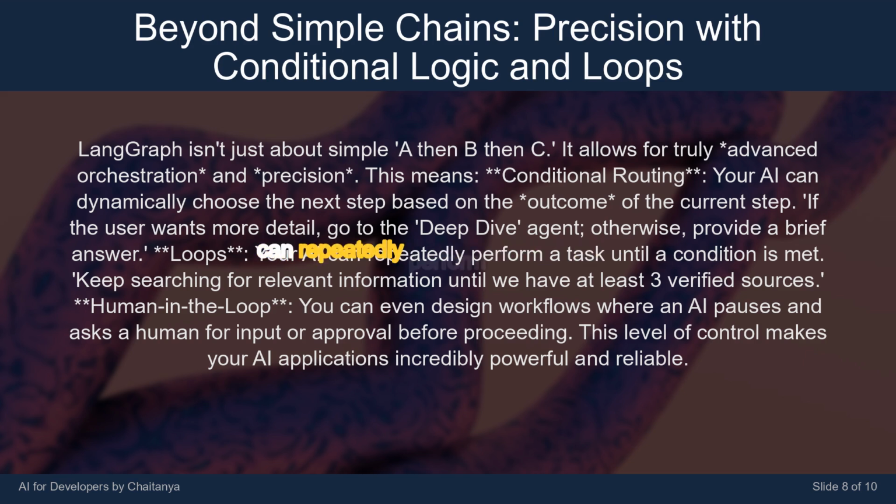Your AI can repeatedly perform a task until a condition is met. Keep searching for relevant information until we have at least 3 verified sources. Human in the loop. You can even design workflows where an AI pauses and asks a human for input or approval before proceeding. This level of control makes your AI applications incredibly powerful and reliable.